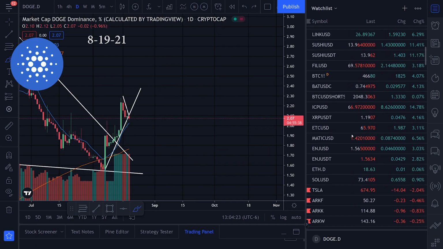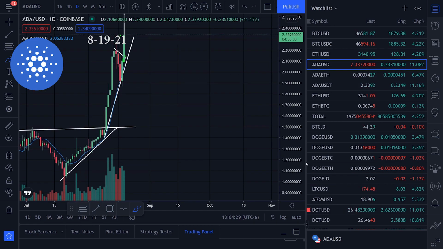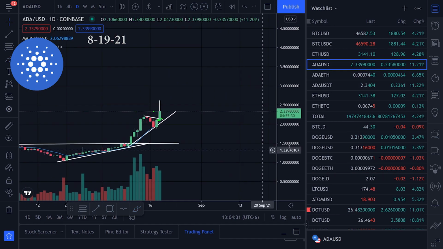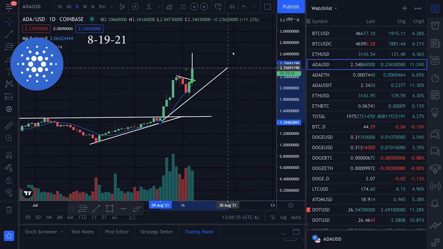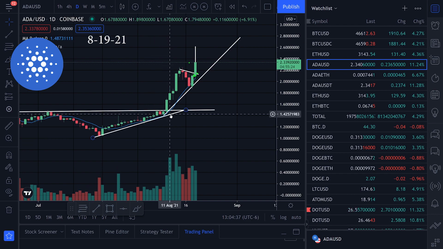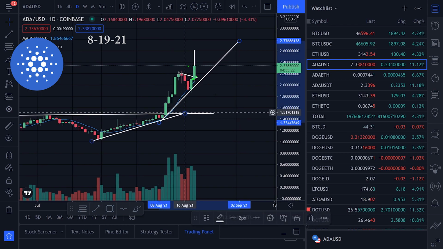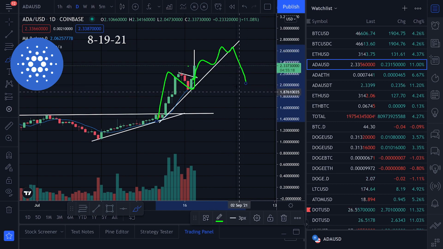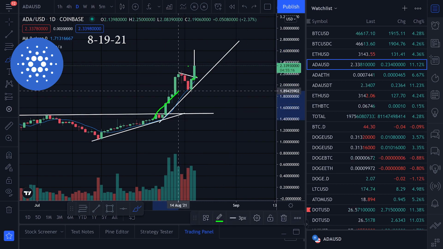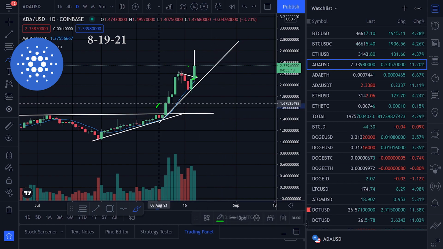I'm not sure. So yeah, if we go back to Cardano though, in general, we have this daily uptrend going something like this, and we could basically rinse and repeat. I'm looking at this trend line for a downturn. Until we do that, I'm assuming that it's generally a good trend.